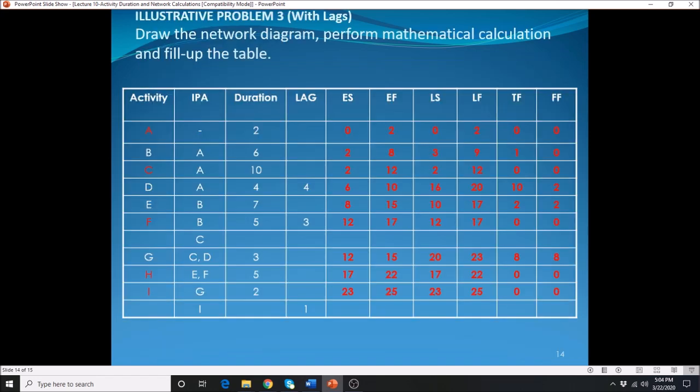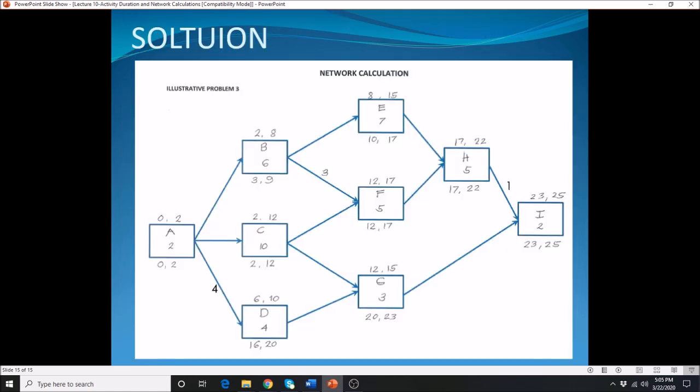So here, your D and your A has a lag time of 4. Okay? Alright, and we have here your B and F has a lag time of 3, and your H and I has a lag time of 1.